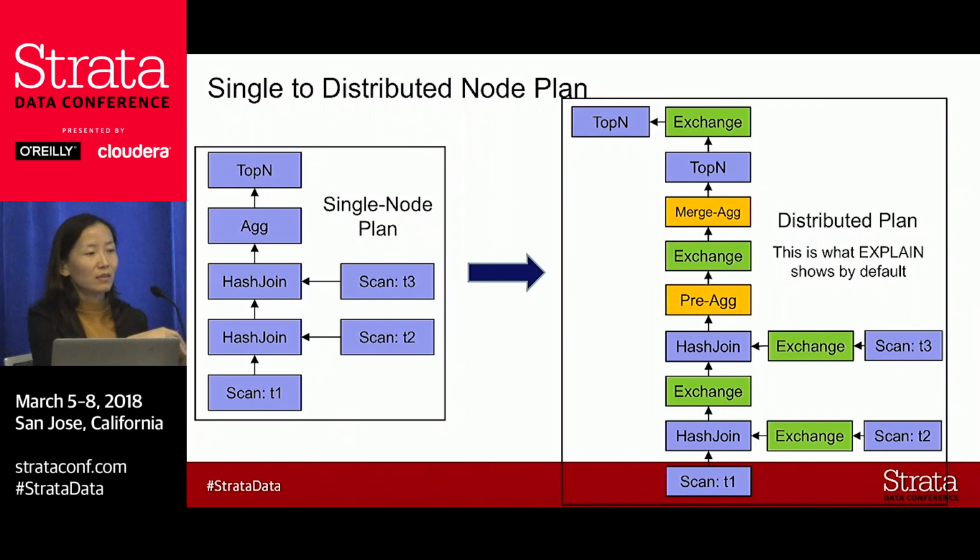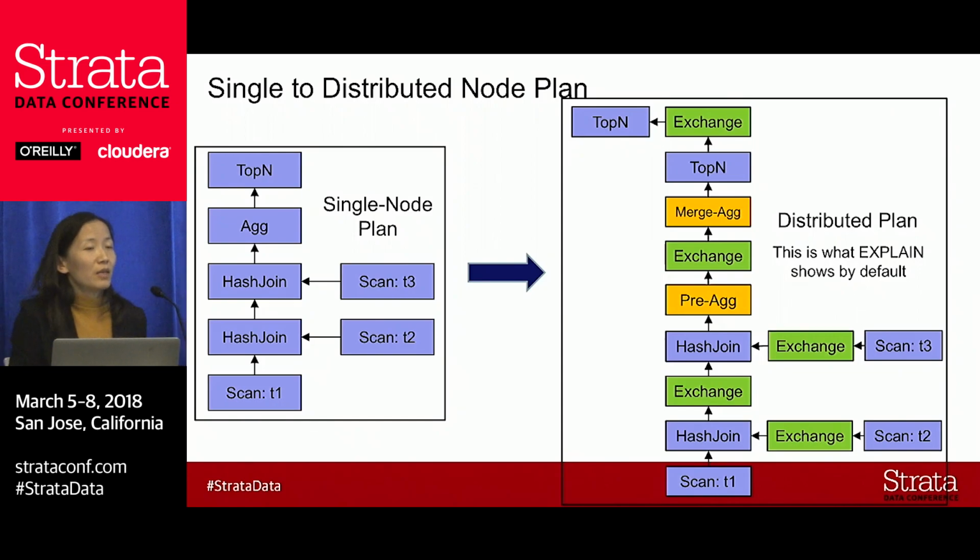If your data exists on multiple nodes, then now you have to combine them together to build the hash table. And to reduce the network traffic as much as possible, we will try to do some pre-aggregation, merge aggregation before we continue, so that the network bandwidth we need to use here can be reduced.